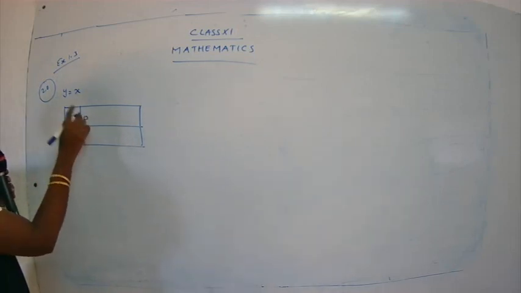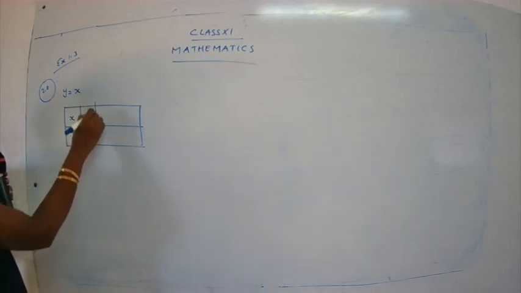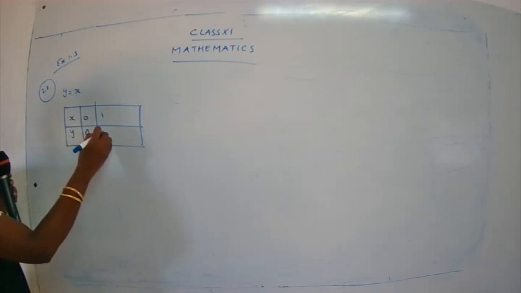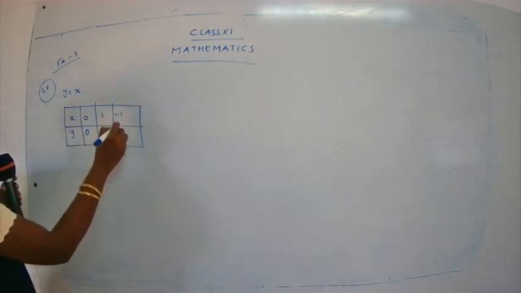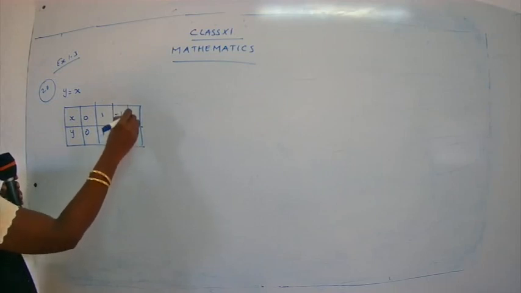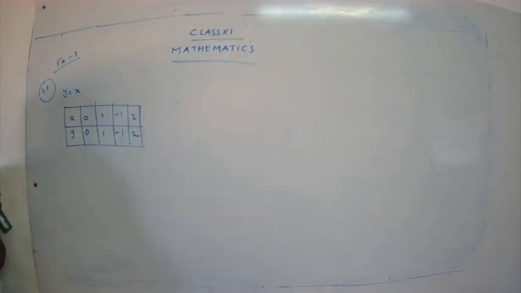If I take x as 0, y will be 0. If I take x as 1, y will be 1. If I take x as minus 1, y is minus 1. If I take x as 2, y is also 2. So I have just completed the table for y is equal to x.